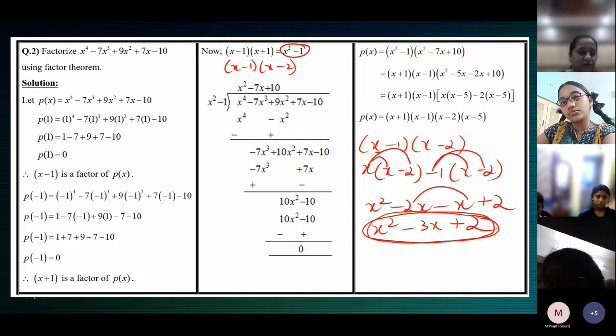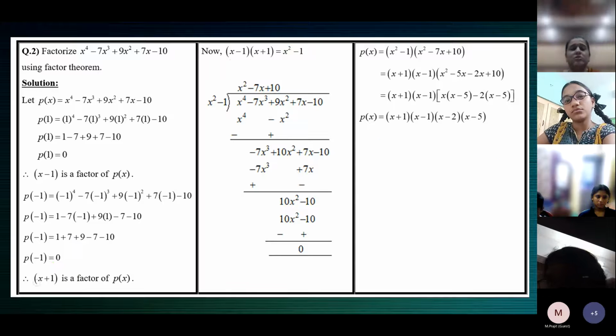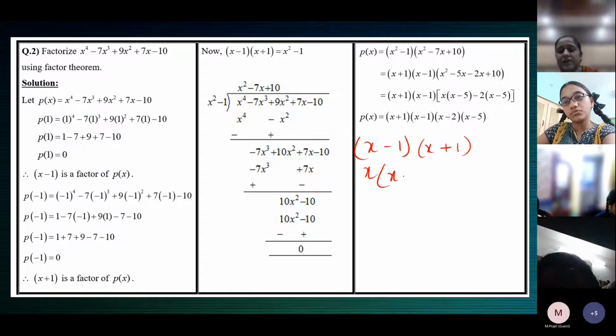Now, I'm also going to tell you, supposing you didn't know that you had to use the identity, you do the regular multiplication. Then also you will get the same answer. x into the second bracket, minus 1 into the second bracket. The answer will not be different. Tell me, what is the product?